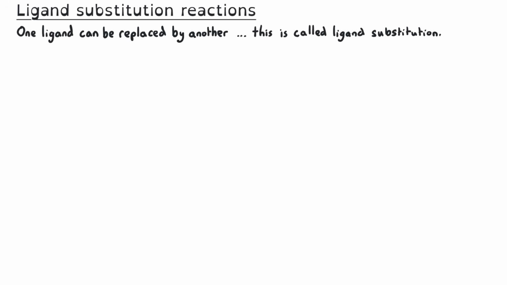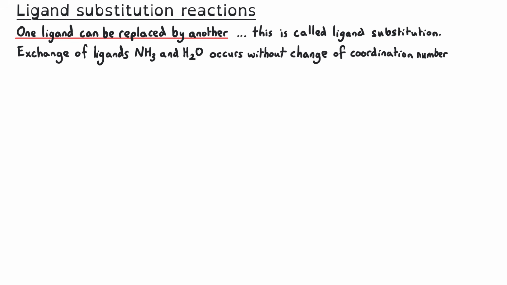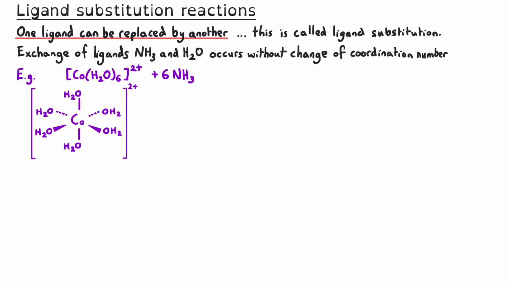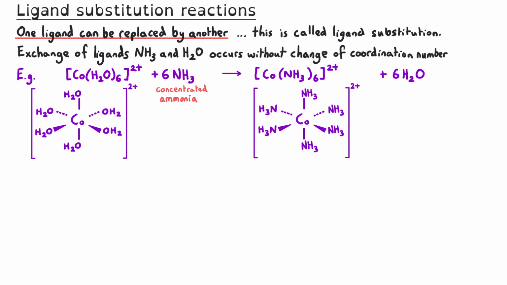In a complex, one ligand can be replaced by another, and this is called a ligand substitution reaction. Exchange of the ligands ammonia and water occurs without change of coordination number. For instance, if we have the hexa-aqua-cobalt-2 complex that I'm showing here, and we add ammonia to it, perhaps by adding concentrated ammonia solution, what happens is all 6 of those water ligands get replaced by 6 ammonia ligands.